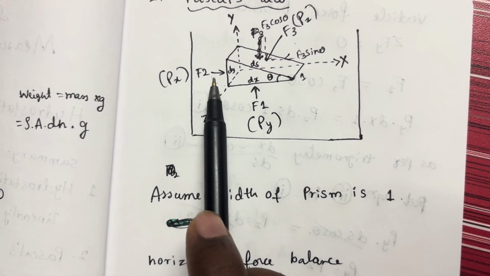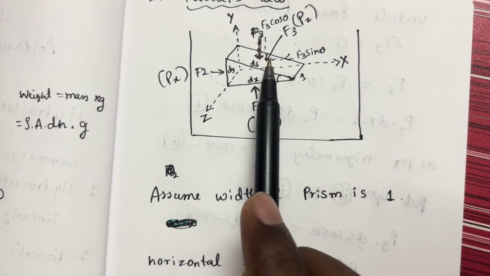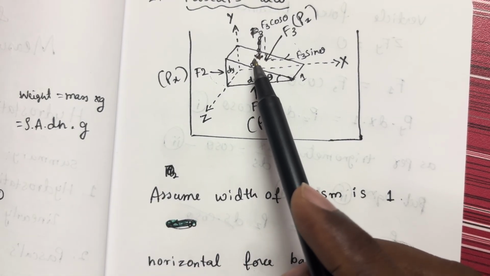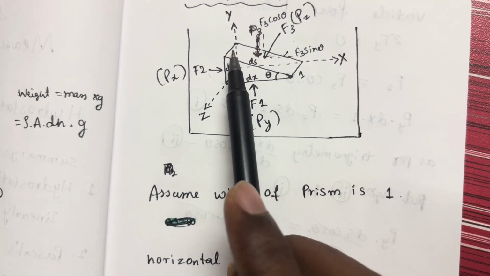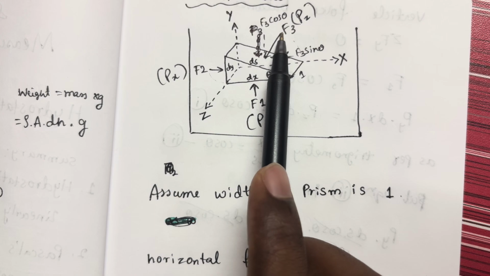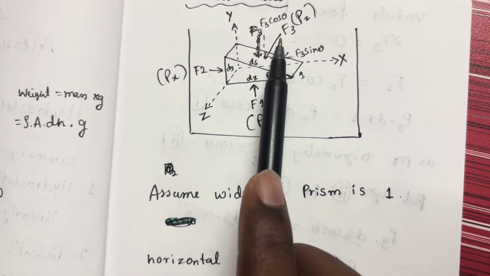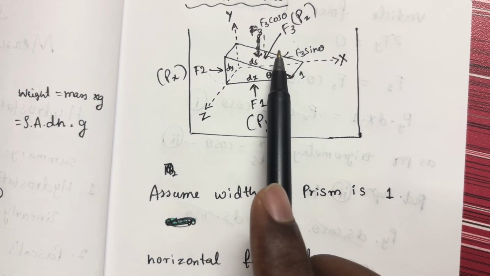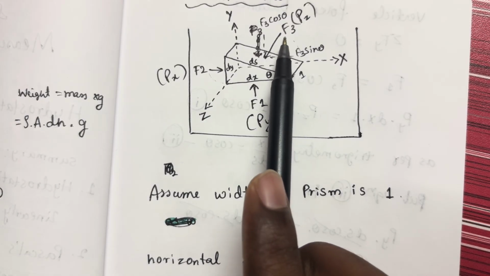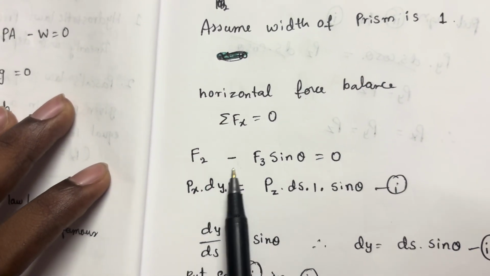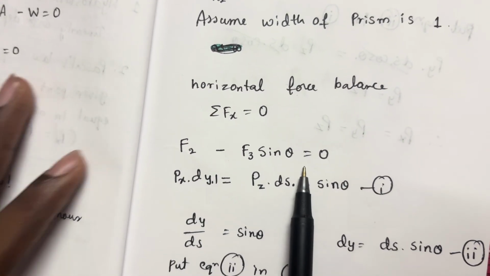One is obviously F2, and then we have F3, which is along the diagonal, perpendicular to this diagonal plane. If you use vectors, then in the x-axis it becomes F3 sin theta. So F2 minus F3 sin theta is equal to 0.